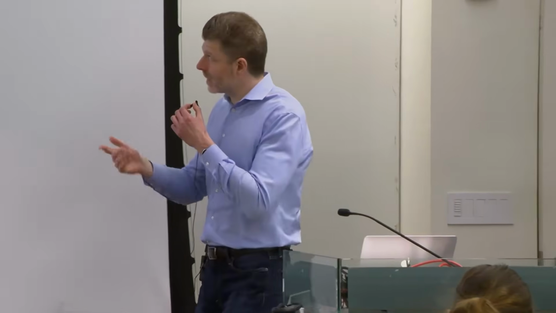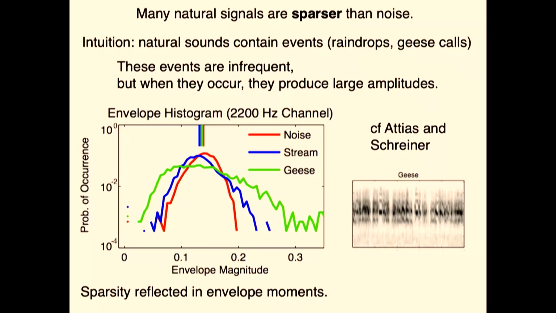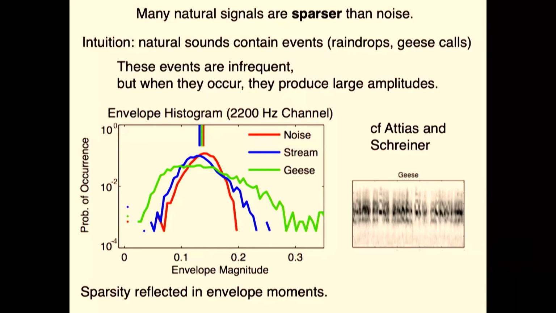This is an indication of the fact that a lot of natural signals are sparser than noise. The intuition is that natural sounds contain events like raindrops or geese calls, and these events are relatively infrequent, but when they occur, they produce large amplitudes. So you get these pretty big swings in the amplitude of the signal.